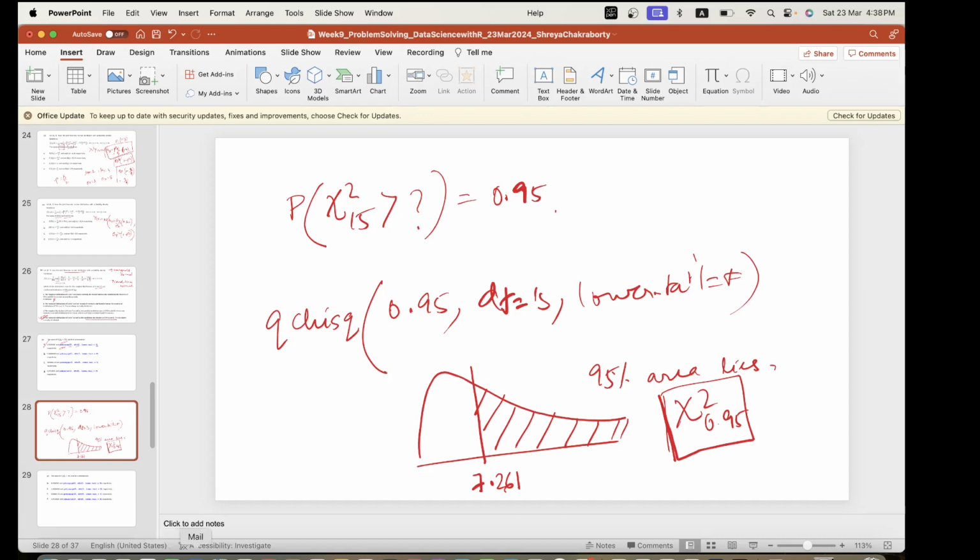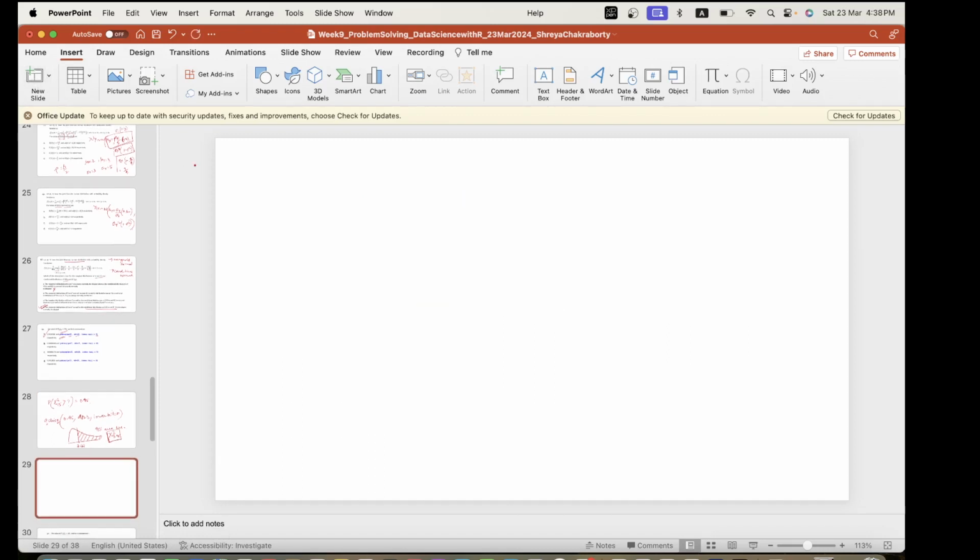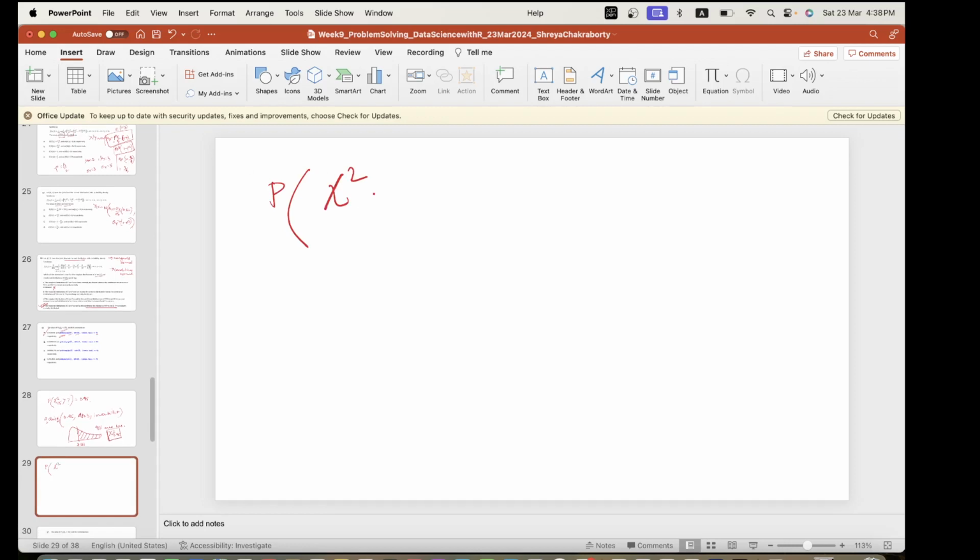Is it okay? Now let's say if you have to find out probability chi-square 15 less than what would be equal to 0.05. So then it's the same thing.